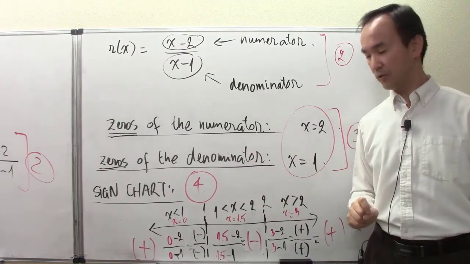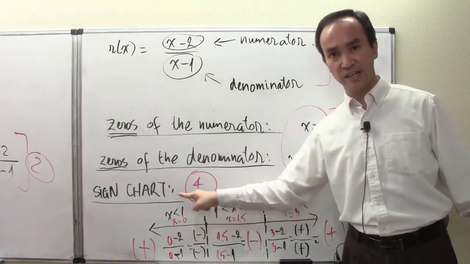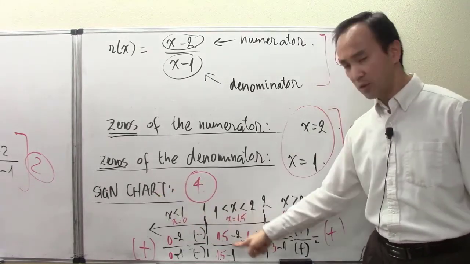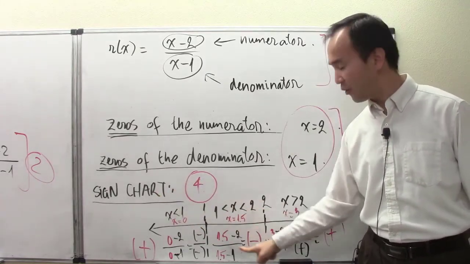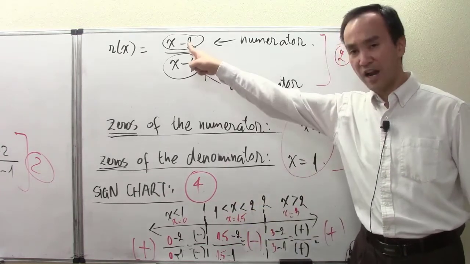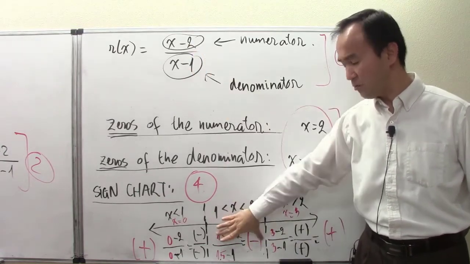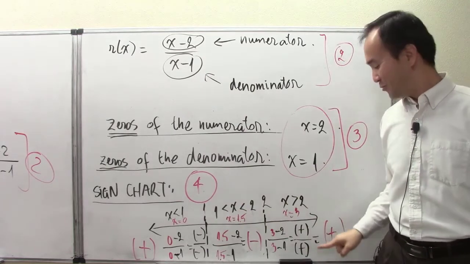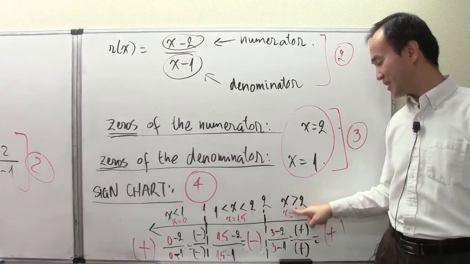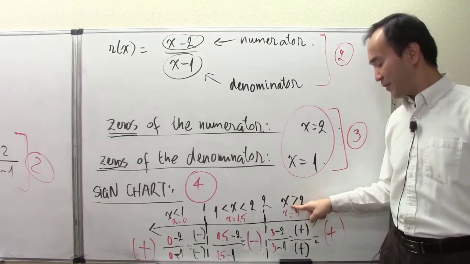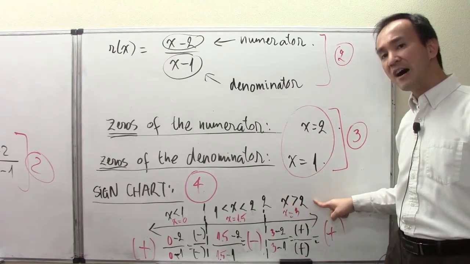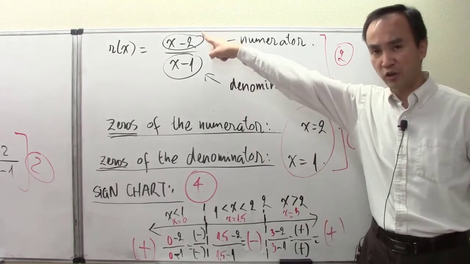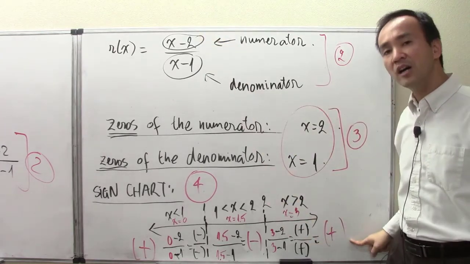So that interval answered our question, but was that the only one? This one here obviously failed, because this interval made our rational function negative. So we don't want that one. But we will definitely take this one as well, because for any x values anywhere above 2, this interval will make our rational function positive in the output.